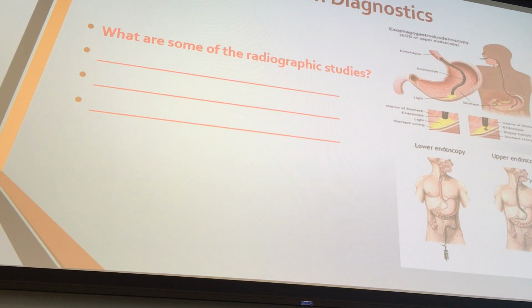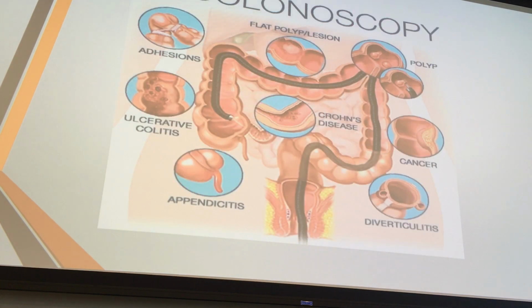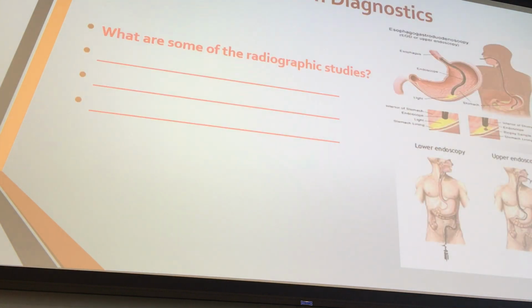So, in terms of common diagnostics, you could be doing endoscopies, you could be doing colonoscopies. Those are the biggies, okay? What's the difference between the lower endoscopy and the colonoscopy? Just where they go. So anything endoscopy is through the mouth, and then a colonoscopy is through the rectum.